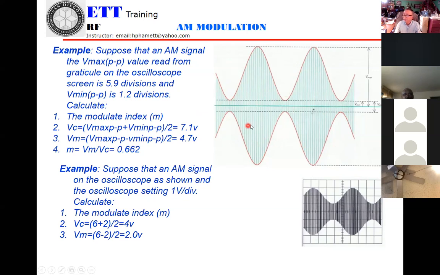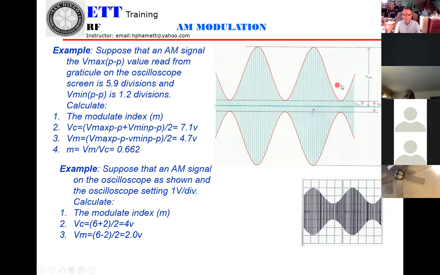Okay? They call it double side. However, for your voice, basically you need only one side, you don't need another side. The thing is when you transmit it, you need power to transmit the signal. When you transmit double side, you have to spend more power. You can see, I don't need the second one. I only need the first one.